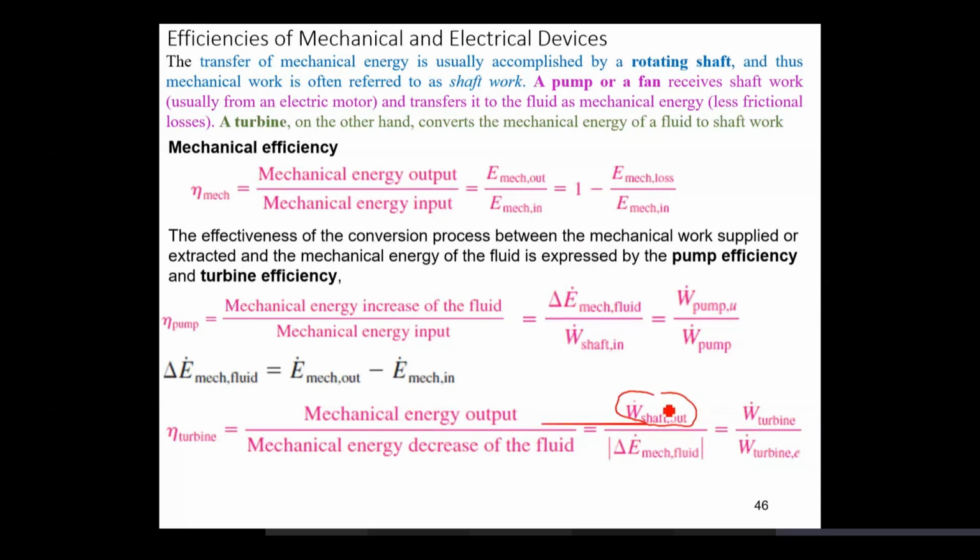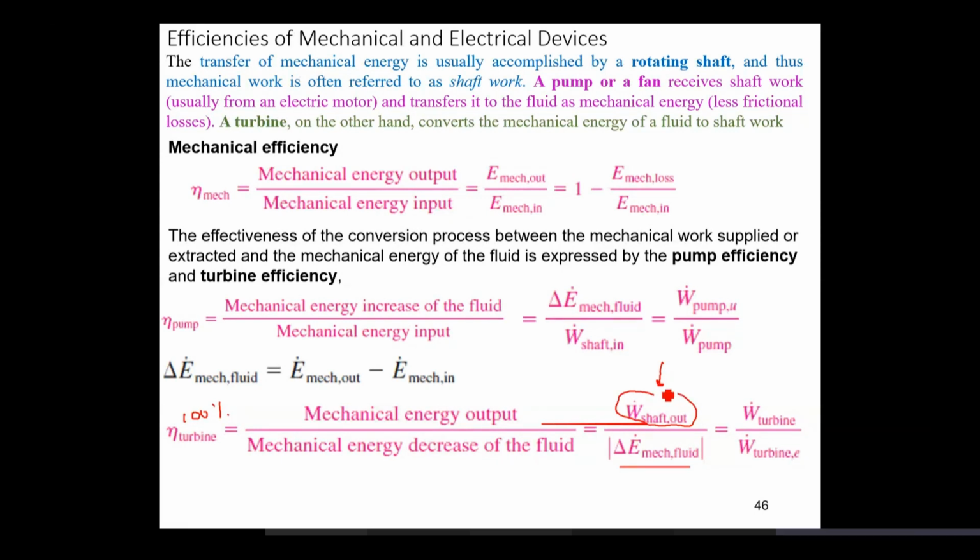Yes sir. So the work shaft out means the energy. This is the input, that means the energy extracted out of the fluid. If your turbine is an ideal turbine, let's say the efficiency of the turbine is 100%, that means whatever energy is extracted out of the fluid would be provided in rotating the shaft. Clear?